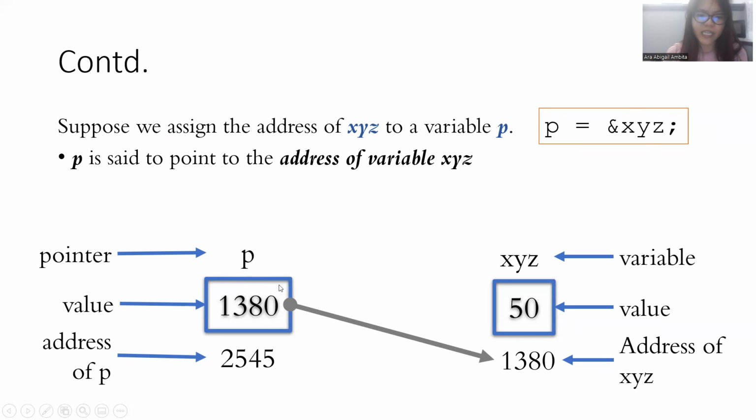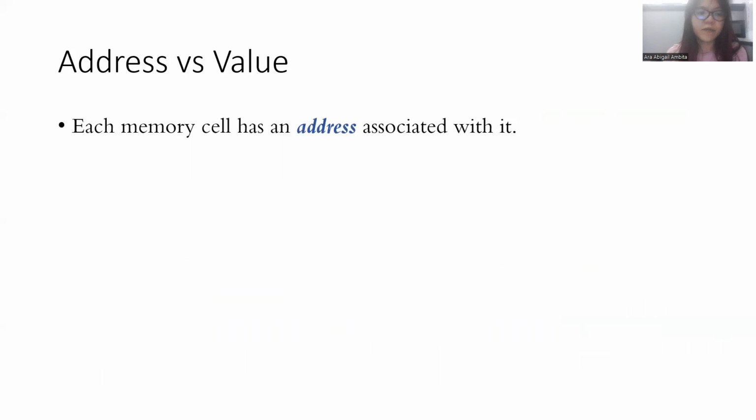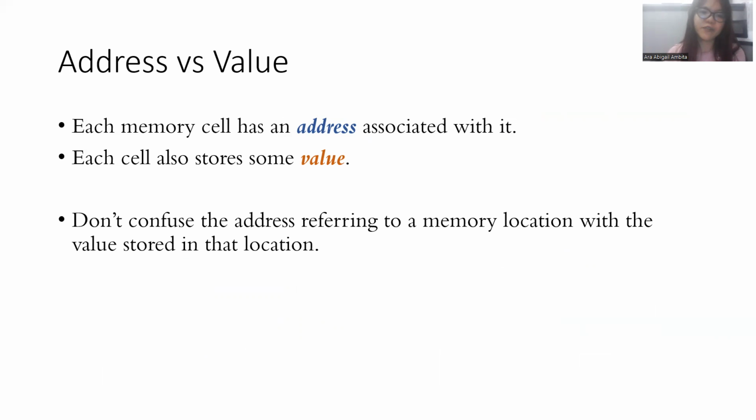Basically, the contents of P are directed towards the address of XYZ. Since P is also a variable, the compiler also allots a location or an address for this pointer P. Each memory cell has an address associated with it, and each cell also stores some value. We should not confuse the address referring to a memory location with the value stored in that location.